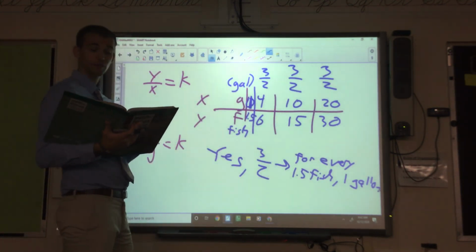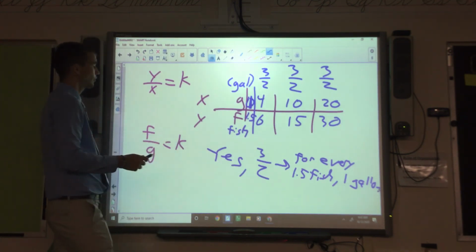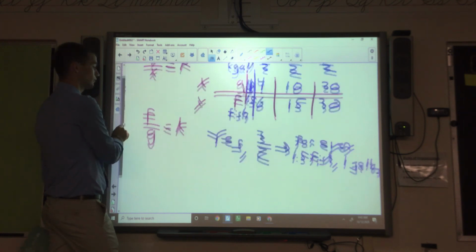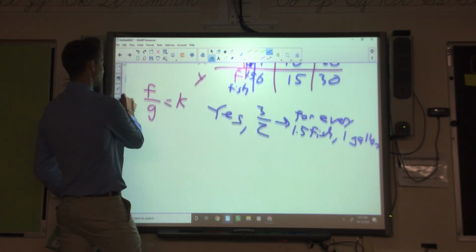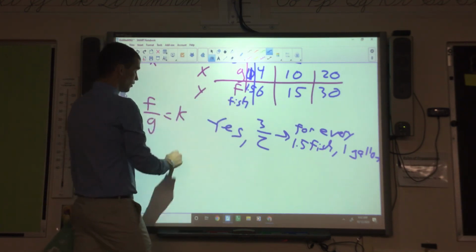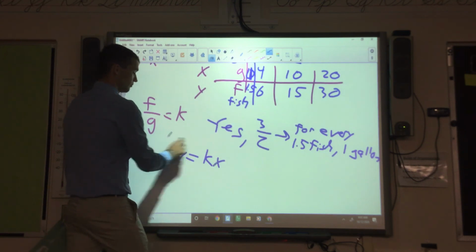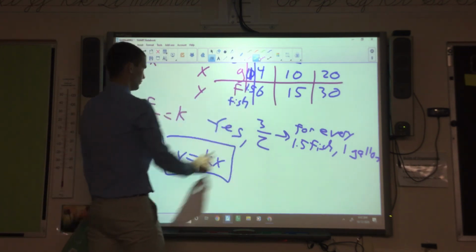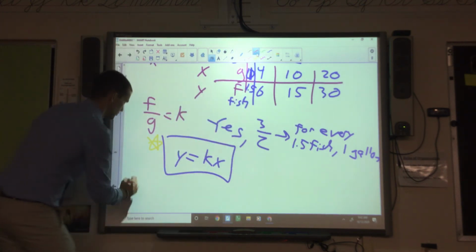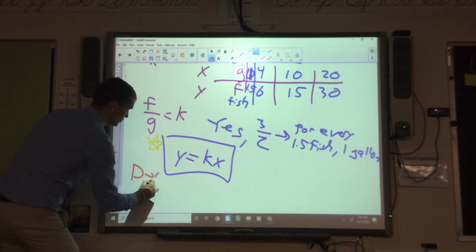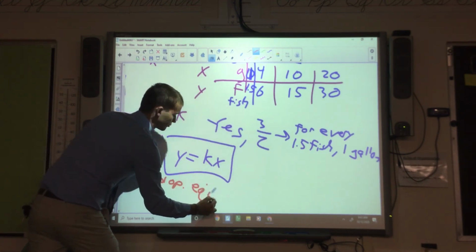And then the last section, write a direct proportion equation. So a direct proportion equation basically means, you see on there, it's going to have whatever the bottom one is. So y equals kx. Circle it, that's what you're going to want to remember. This is a direct proportion equation.